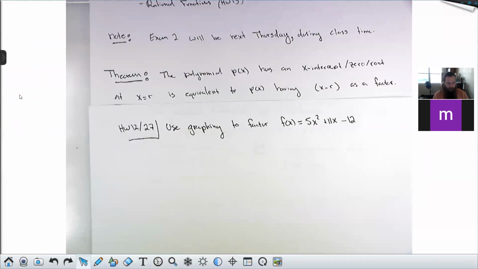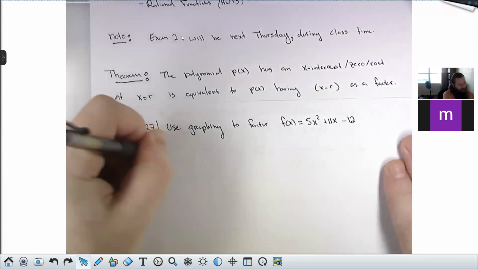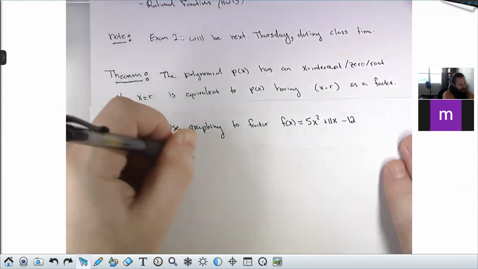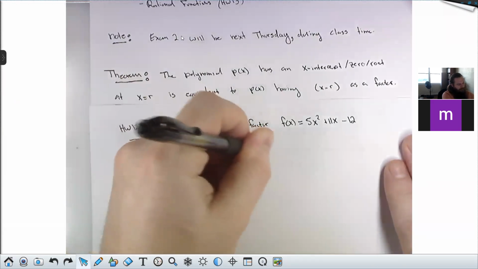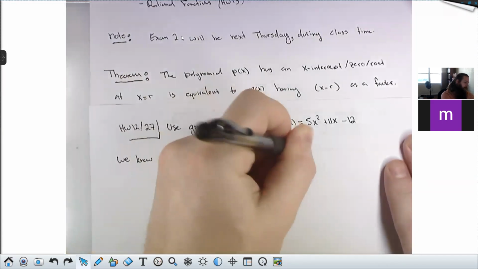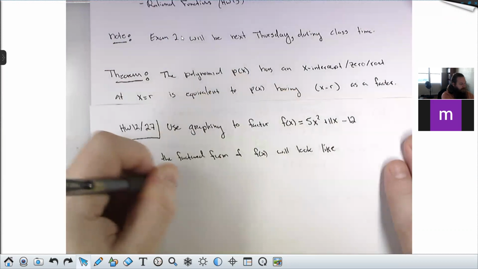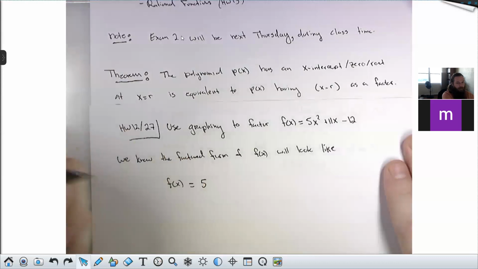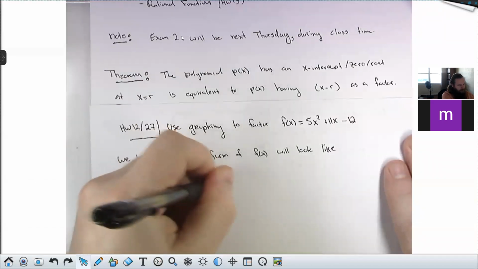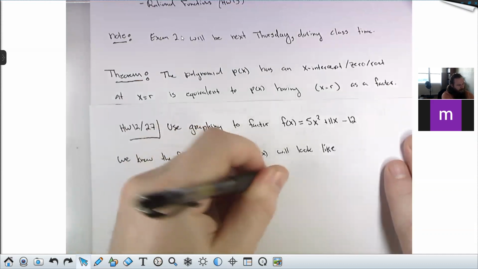So the factored form will look like f of x equals the lead coefficient, 5, times x minus R1 and R2.